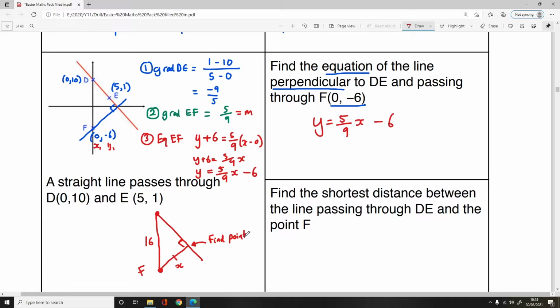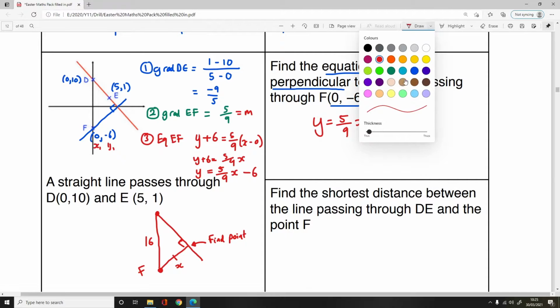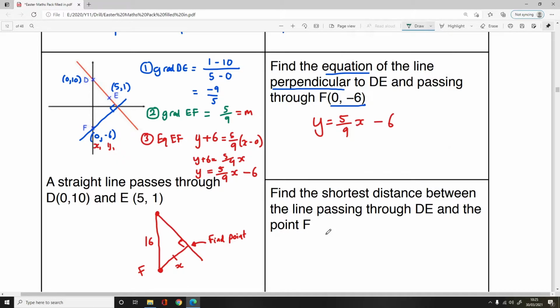How do you find a point where two lines cross each other? Well, you solve some kind of simultaneous equation using their equations. Do we know the equations of both lines? Not yet. We know the equation of the line E to F. We don't know the equation of the line D to E. So before we can find that point, we're going to need to find the equation of D to E. I'm going to need some space for this, so let's go up here.